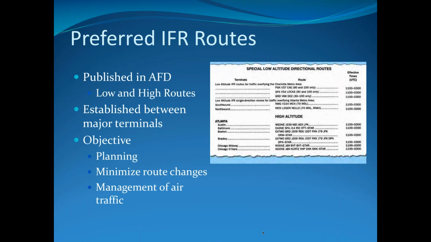So it just helps them be more efficient at their job. Certain city pairs, like I said, will actually have a planned route already in the system to help reduce the route changes and air traffic control workloads.